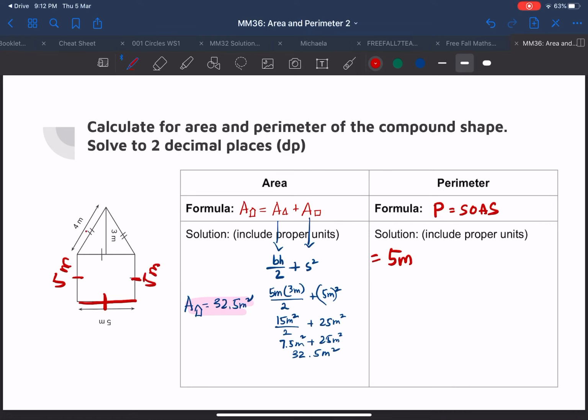Now look at this one, 2 strokes. What does that mean? This means this is 4 meters. So 5 meters plus 5 meters plus 5 meters plus 4 meters plus 4 meters gives you 23 meters. Not squared. There's nothing squared here. Area is squared. Perimeter is not.